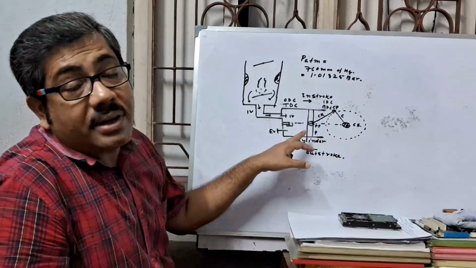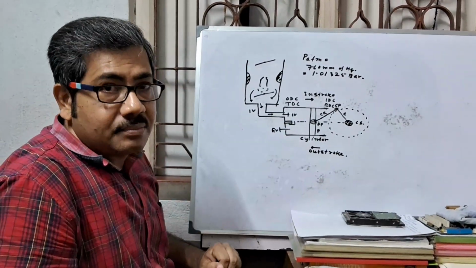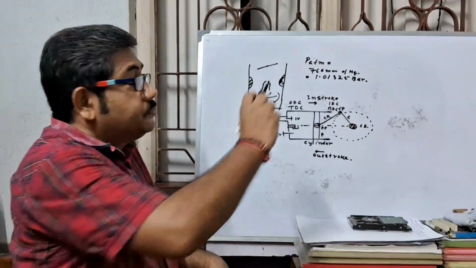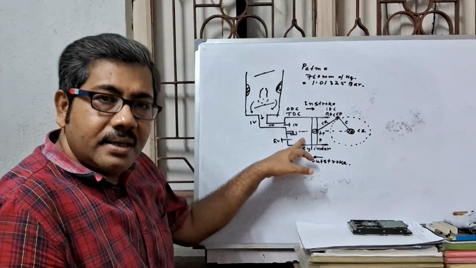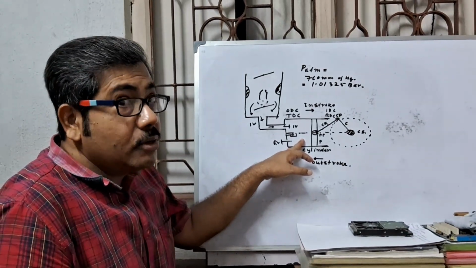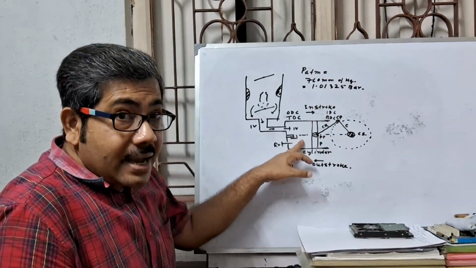That means the piston reciprocates inside the cylinder. When the piston moves from TDC to BDC, the pressure inside the cylinder reduces, that means below atmospheric pressure.